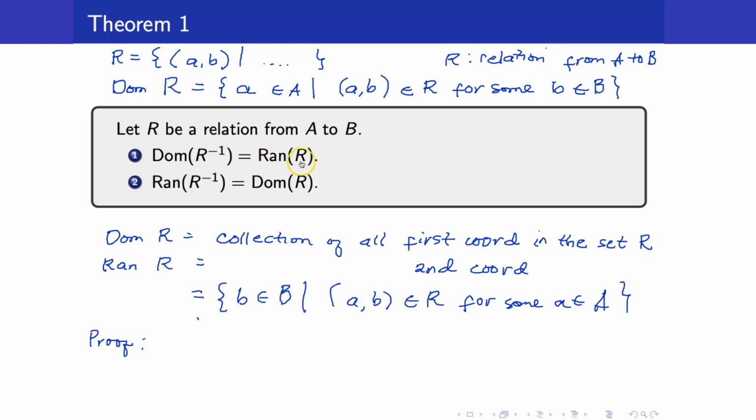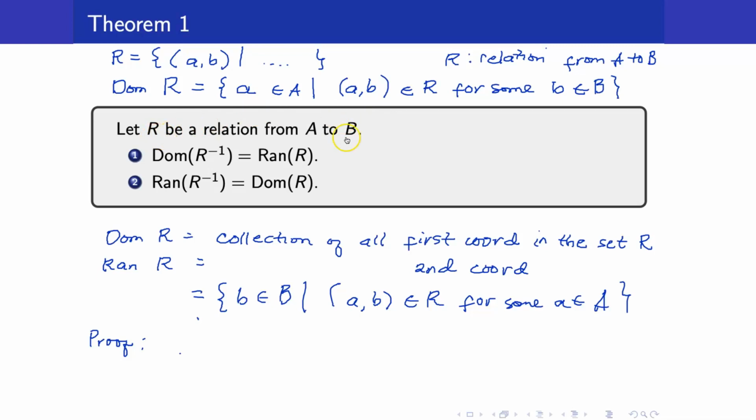I will be showing that these two sets are equal by giving equivalent statements. So if we start with what will be an element in the domain of R inverse, it is a subset of what set? Is it a subset of A or a subset of B?